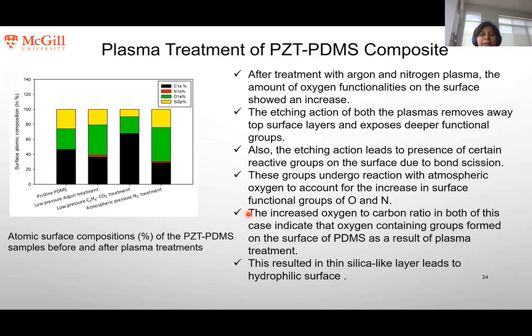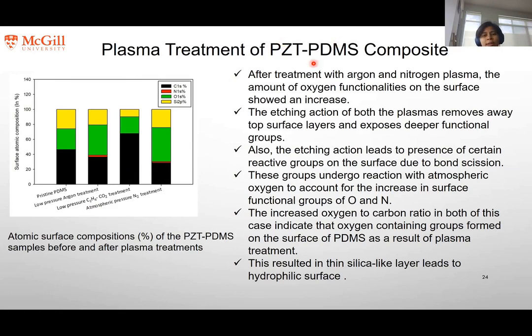After we did the plasma treatment of the film, we measured the surface atomic composition. You can see this is just regular pristine PDMS. Then with low pressure argon treatment, this is the composition. Then this is with low pressure plasma polymerization treatment, and this is the atmospheric nitrogen treatment.